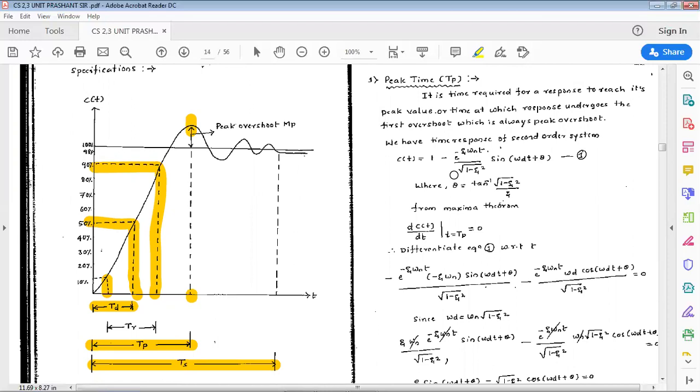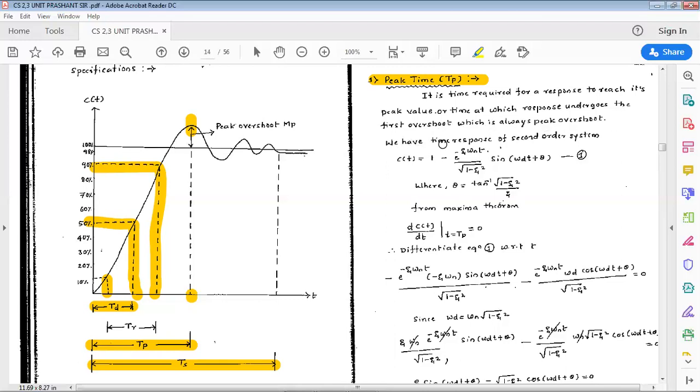The first one is peak time. We have just discussed what exactly peak time is. It is the time required for a response to reach its peak value, or the time at which the response undergoes the first overshoot, which is always the peak overshoot.